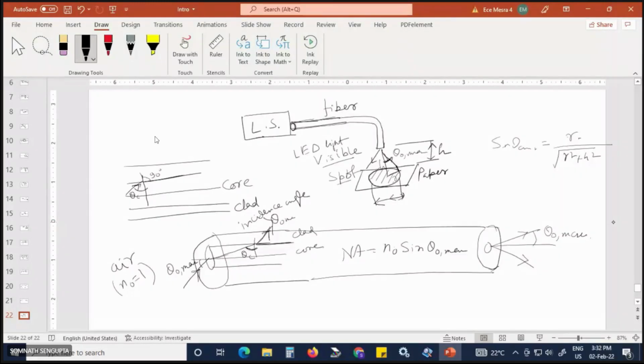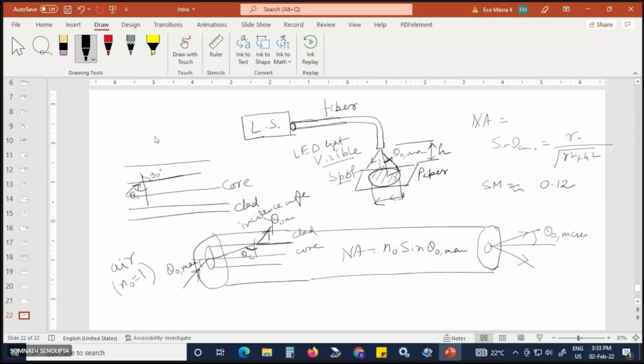Then you can calculate R by root over R square plus H square, so you can calculate the numerical aperture of the fiber. That is a very simple and very interesting experiment. And the value of numerical aperture, I told you, for single mode fiber is about 0.12. You have to note down this reading. For single mode fiber, it is 0.12.